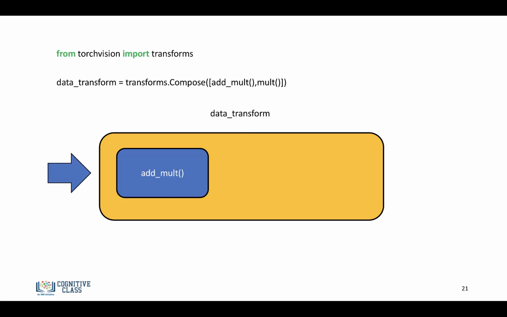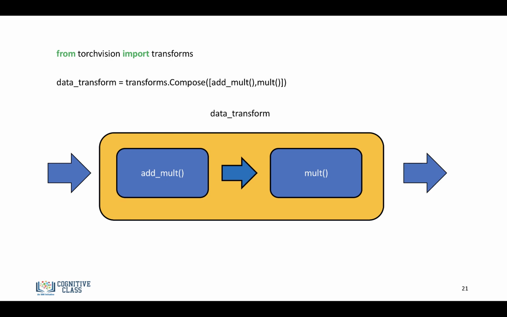TorchVision has a useful package called transforms, and a useful function is transforms.Compose. Compose takes two transform objects, and what it does is apply both transforms. So we'll take an input, apply the first transform, then apply the second transform, and return the value.